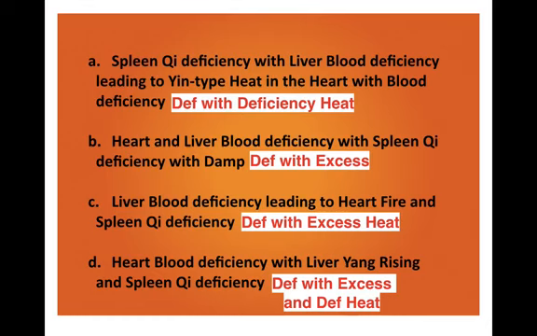Why deficiency heat? Because we have yin deficiency underlying, right? So I know that a couple of you might be thinking out there, but yin deficiency doesn't always mean deficiency heat. Well, in yin deficiency, the heat part is implied. And when we look at CAM, it does not differentiate between when you have yin deficiency and when the heat symptoms start to really ramp up.